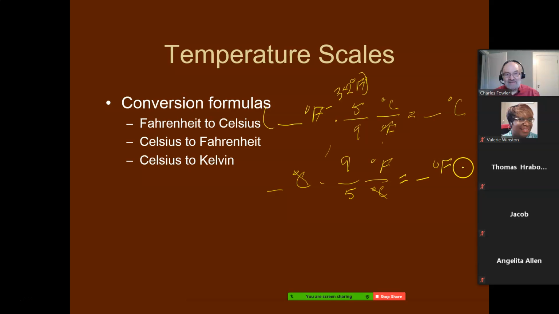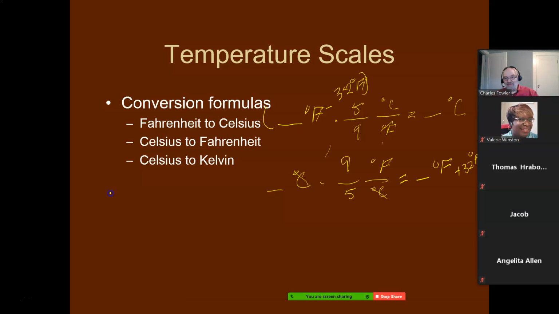You have to add your 32 degrees Fahrenheit to get that to make sense, because the freezing point of water is 32. The number you get here is how many degrees above the freezing point you have, so you add 32 to that. So these are your formulas. This is a little messy looking, but that's how you can think through it. I hate memorizing things, so I think through it.